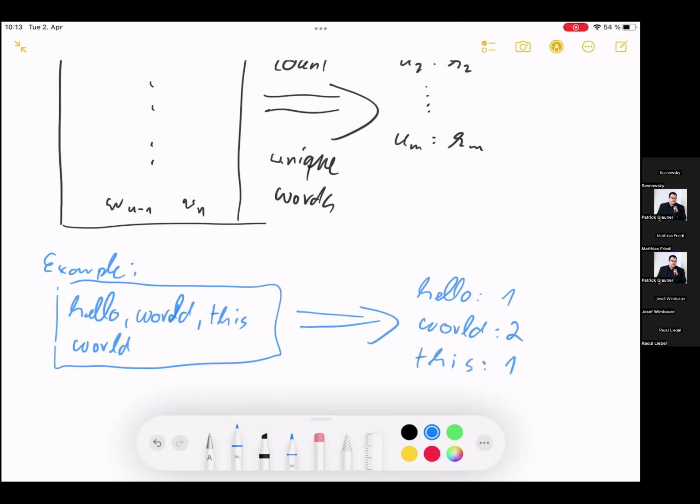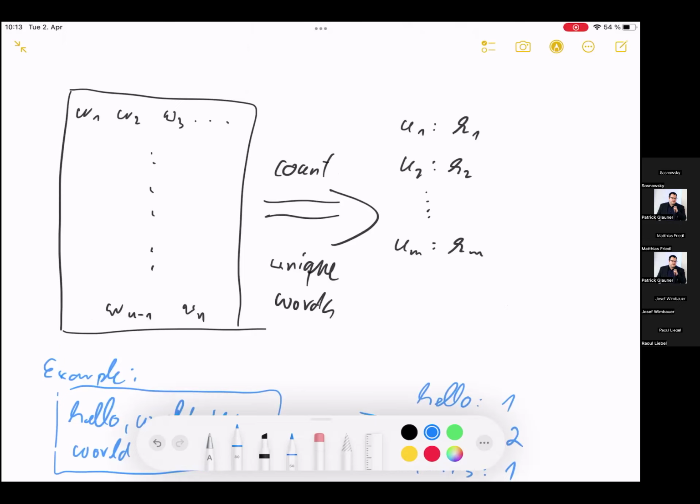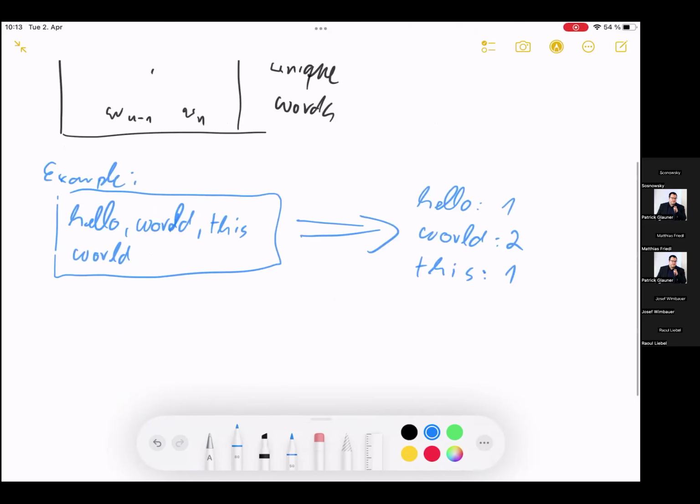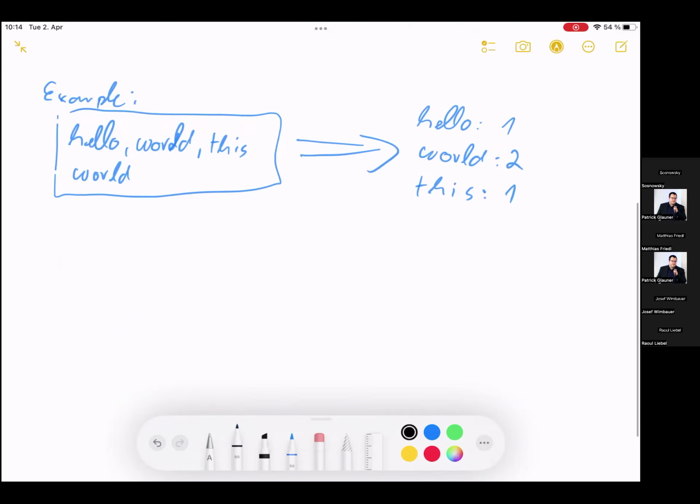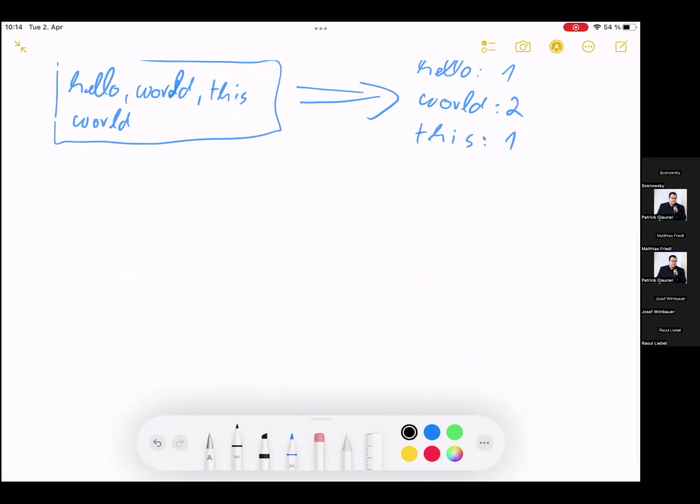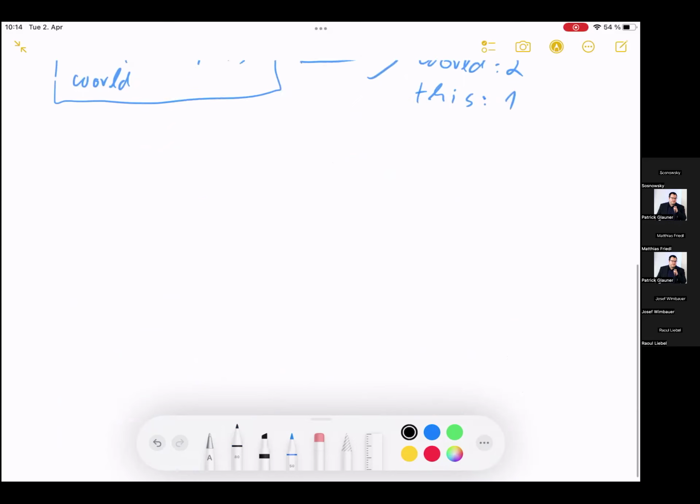So this would be the result that we want to compute. And obviously, in reality, the input is much longer. And for that, we can try to use MapReduce, because we have this super long text file. We could just split this text file.